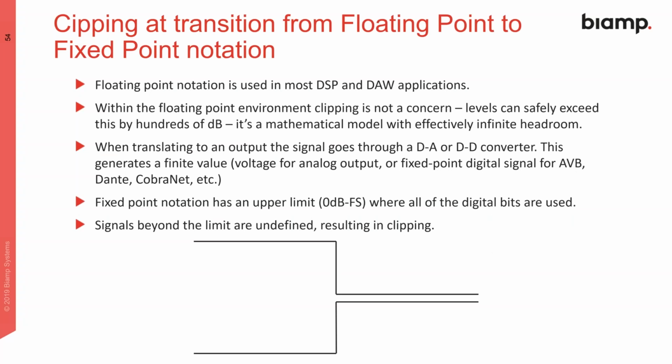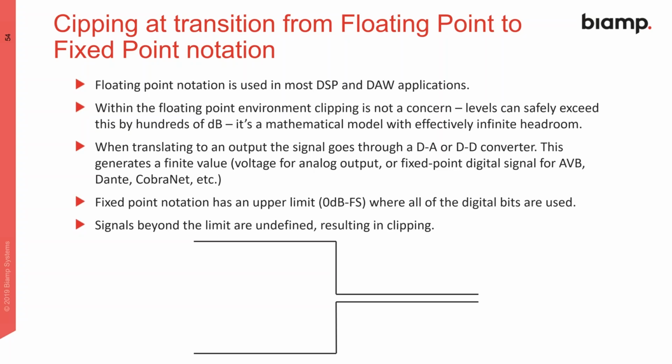One of the things that I always like to do is put limiters at the edges of my devices. Within the Tesira DSP, within most DSPs, within digital audio workstations like Pro Tools, we use floating point notation.